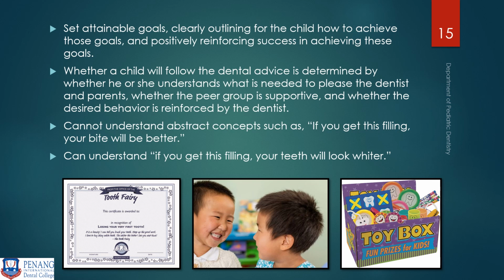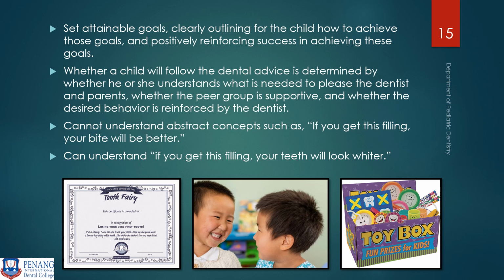So in this stage, you must remember that the child cannot understand abstract concepts. Abstract concepts like you cannot tell the child, if you get this filling, your bite will be better. What is this bite is abstract to the child. The child cannot understand what you mean by bite, because he cannot feel it, cannot hear it, cannot touch it. So the children will not understand any abstract concepts.